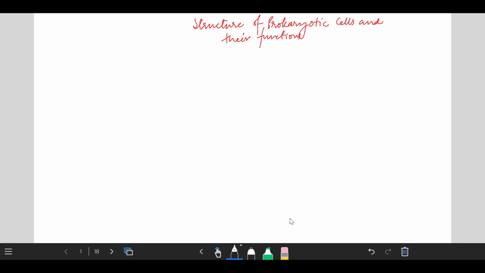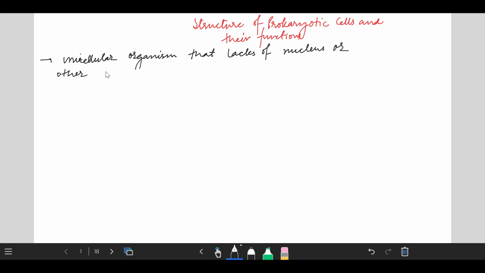So it's a unicellular organism that lacks a nucleus or other membrane-bound organelles.